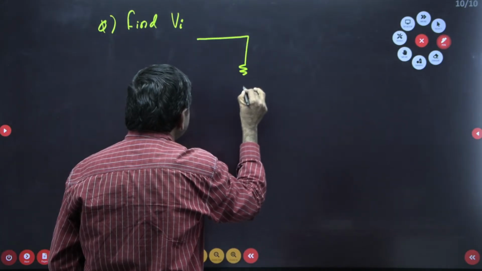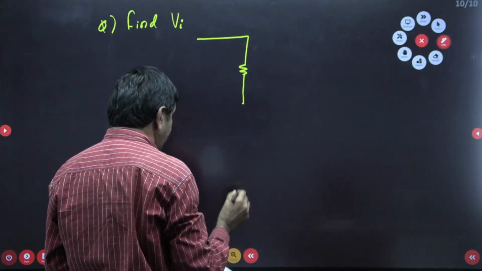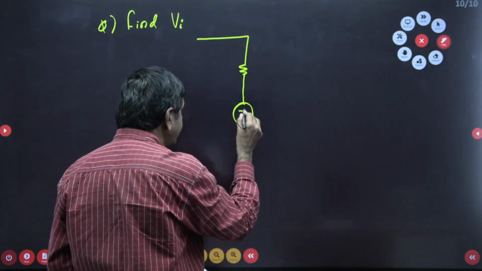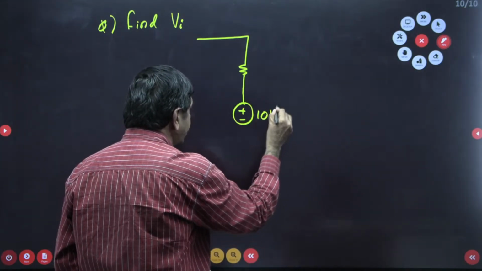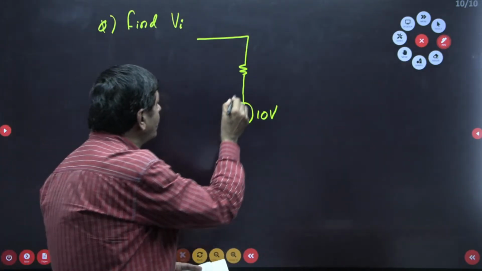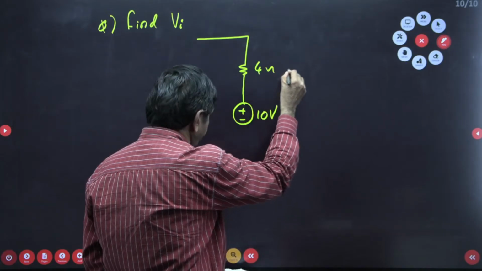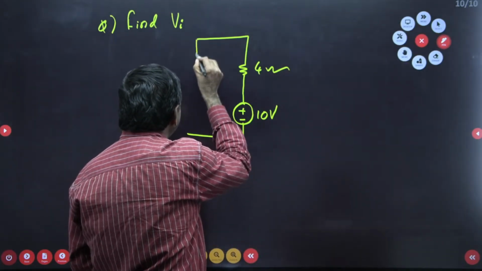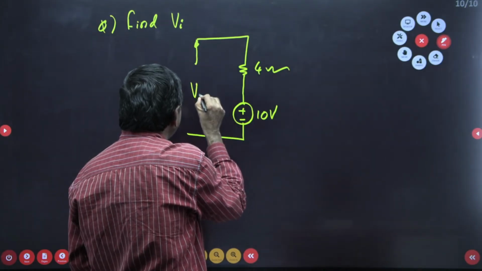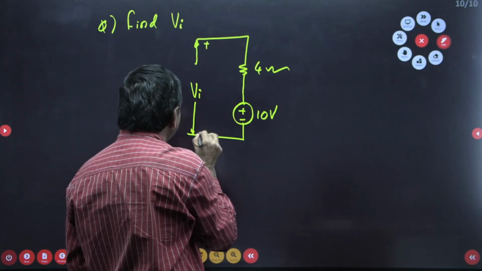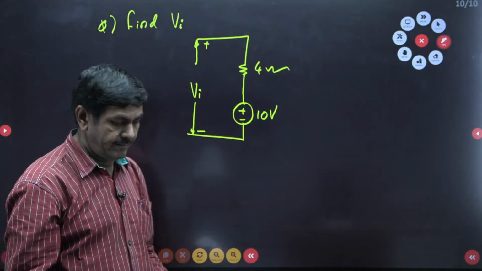There is a resistor and also one source. This is connected with 10 volts. The value of the resistor is 4 ohms. Here VI is connected this side. This is VI. The polarity is given, this is a plus, this is a minus.